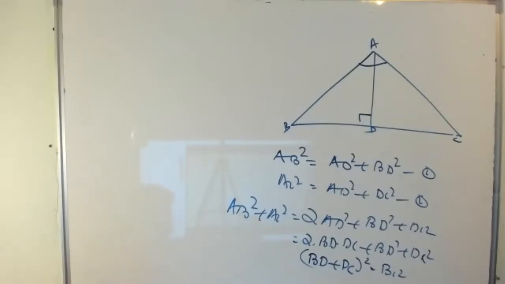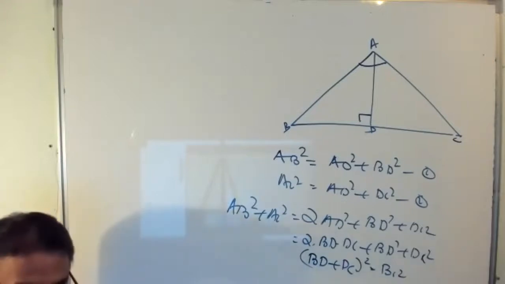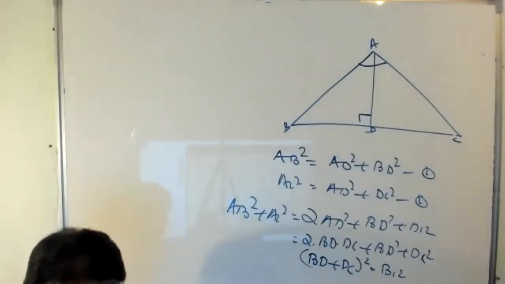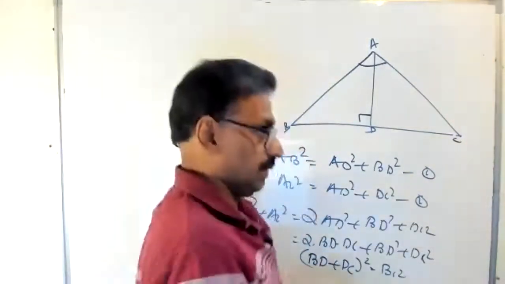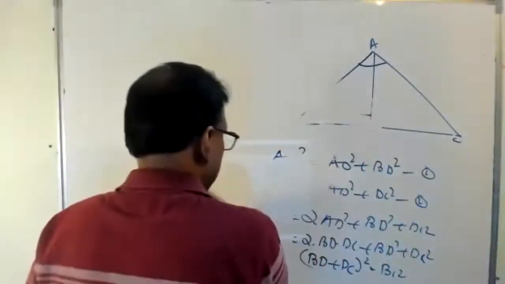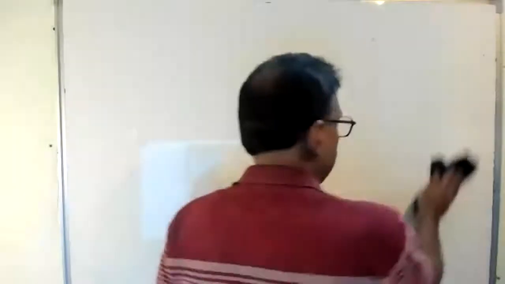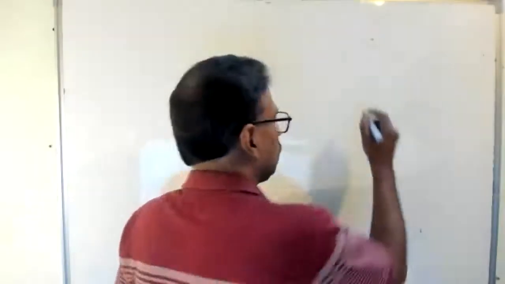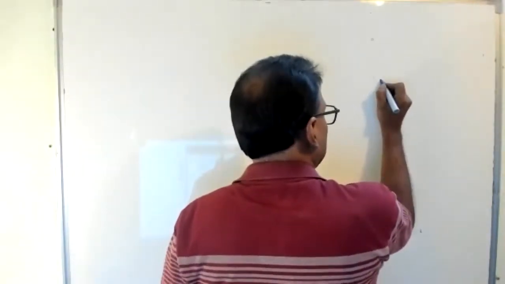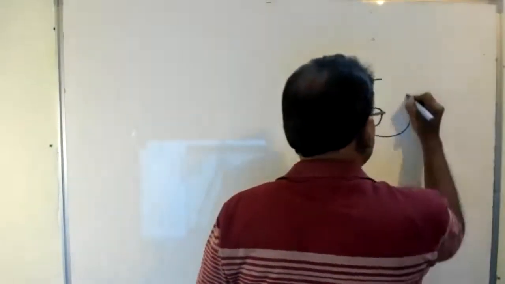The length of the two sides containing the right angle are 6 centimeter and 8 centimeter. Find the radius of the circle.